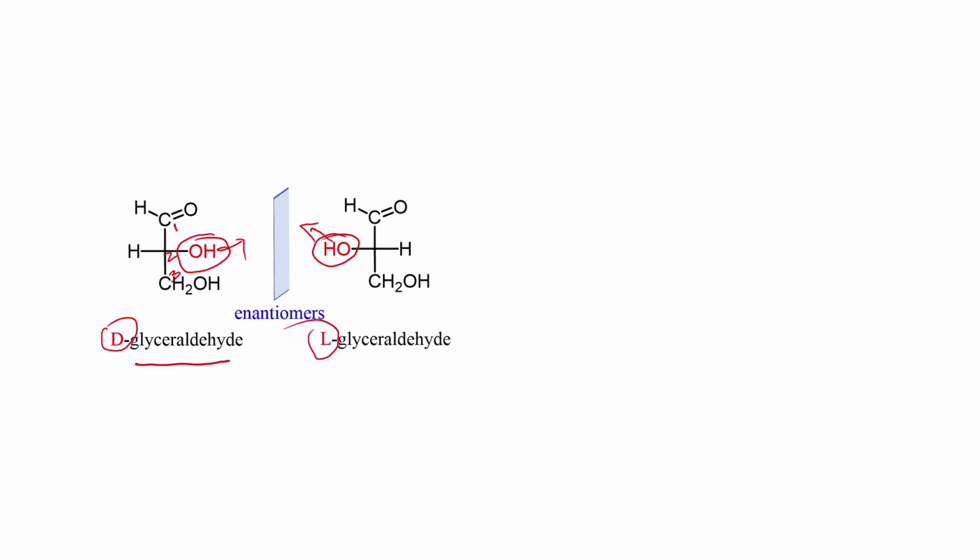The D and L forms are mirror images, that is, they are enantiomers. Enantiomers means they are mirror images of each other: here the OH is on this side and here it is on this side. So they are mirror images.